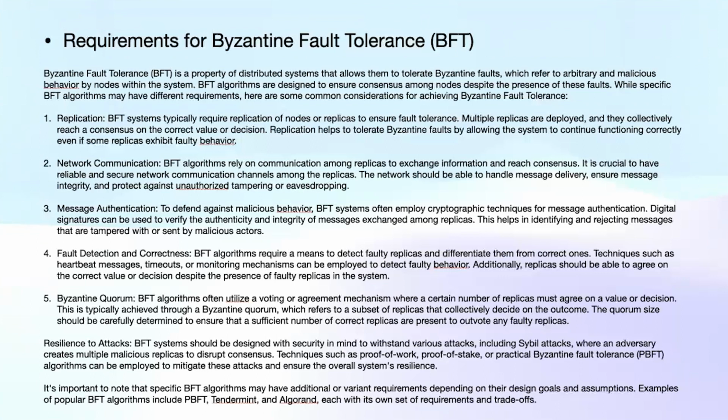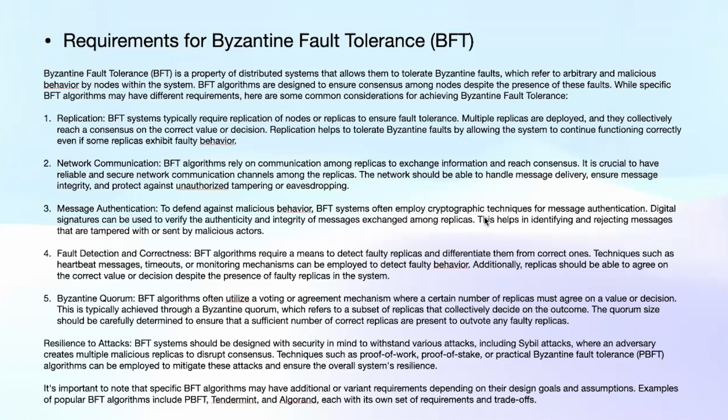Now we have to see what the requirements are for this BFT algorithm. The first and most important thing is replication. BFT systems typically require replication of nodes or replicas to ensure fault tolerance. Multiple replicas are deployed and they collectively reach a consensus on the correct value or decision.